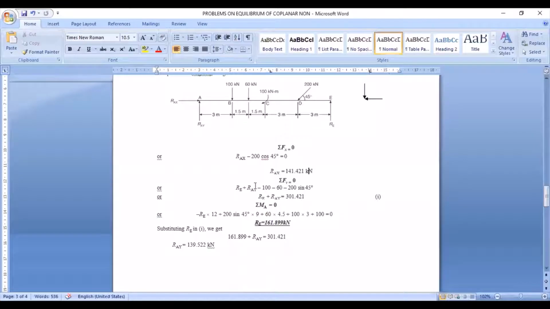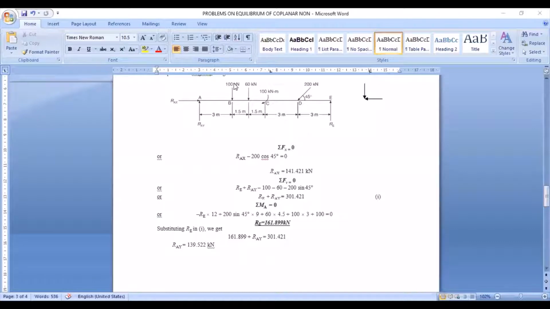Now moving on with the first one, that is the reaction at E. It is acting upwards, so RE is taken with the positive sign. Next vertical reaction, we have RAY. Again it is acting upwards, so RAY is also taken with the positive sign.